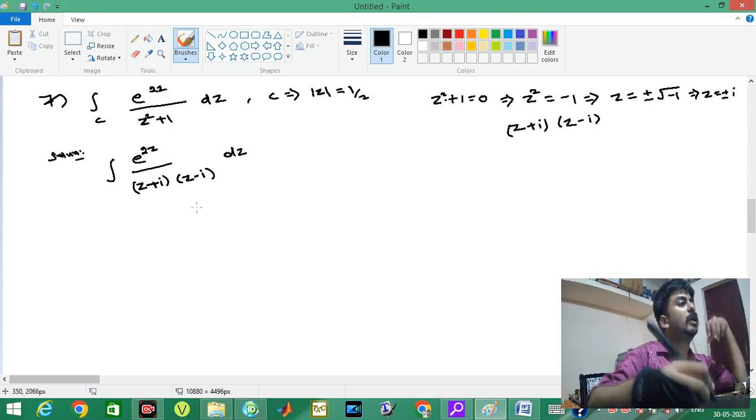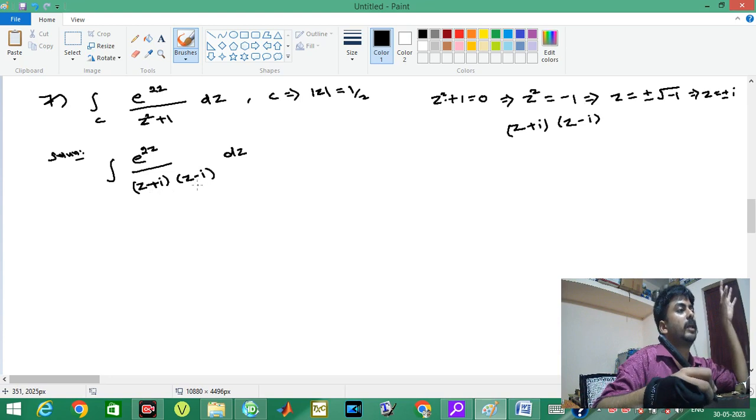So f of z is not analytic at z equal to plus i and z equal to minus i, but they are lying outside the circle.